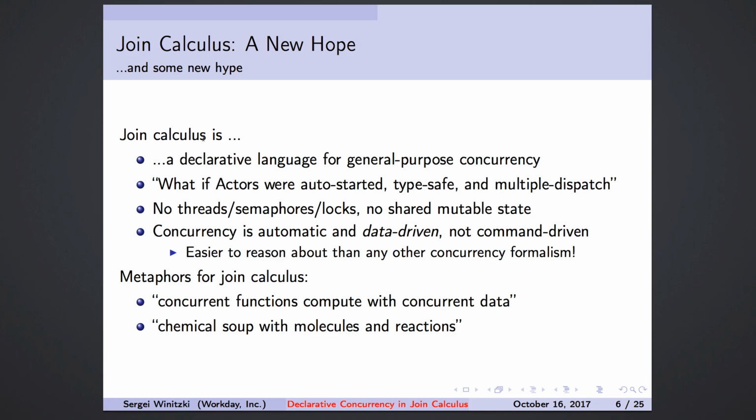But it's actors, but imagine that you don't need to start actors yourself. They're automatically started. They're type safe, and they can take multiple messages at once. So this is not enough to understand the paradigm. And I do not recommend looking at the Wikipedia page for joint calculus. You will not understand anything. And I don't either.